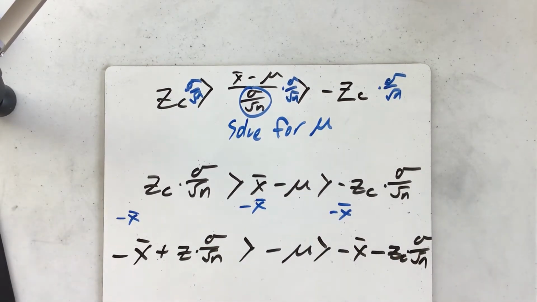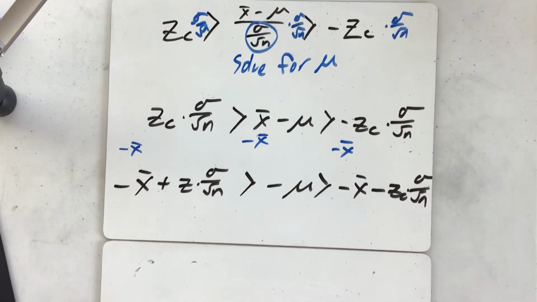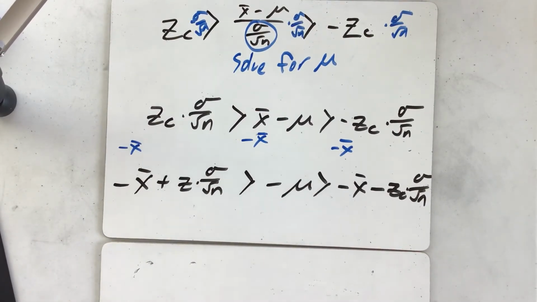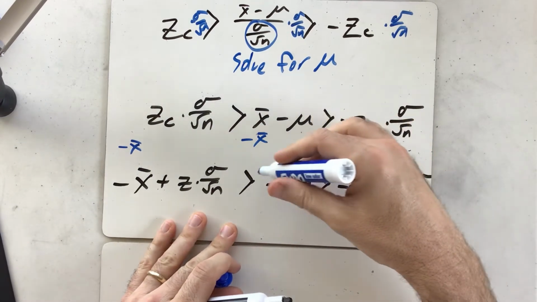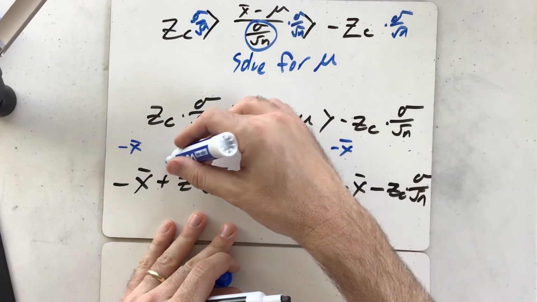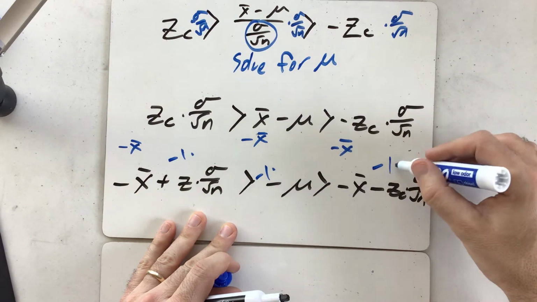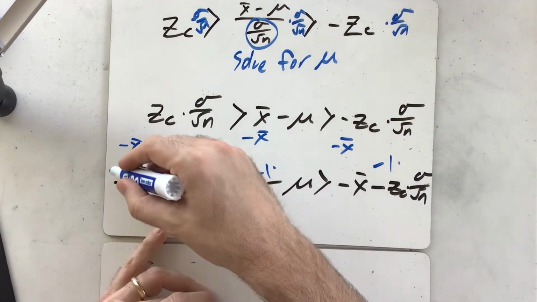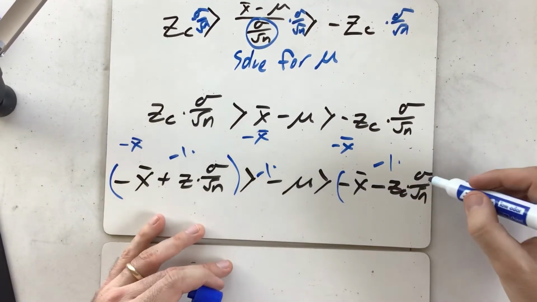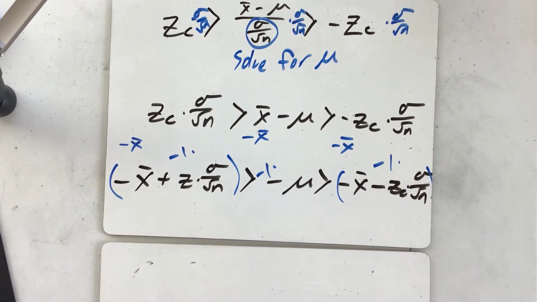Okay. Now I'm ready for the very last part of this problem, and that is, well, I have a negative, so let's just multiply everything times negative 1. That means I have to multiply the whole sections times negative 1. And so everything changes sign.